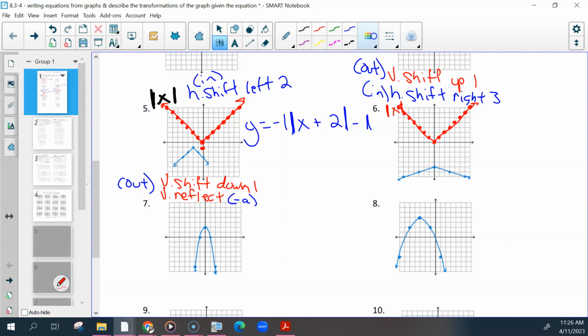So what changed in this one? Did it move at all? Is it still facing the same direction? Vertical reflection, it did flip.